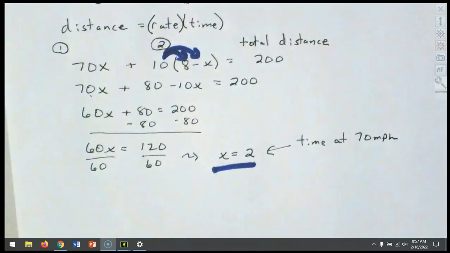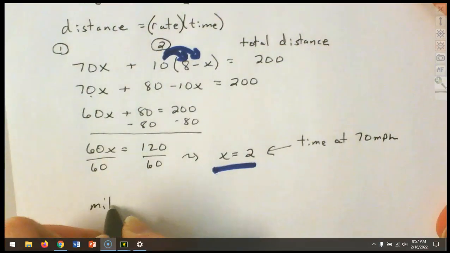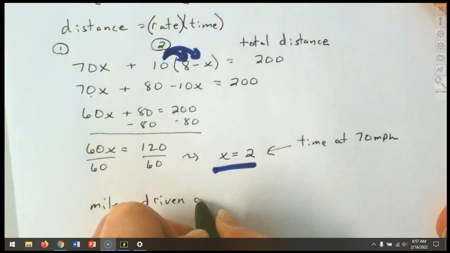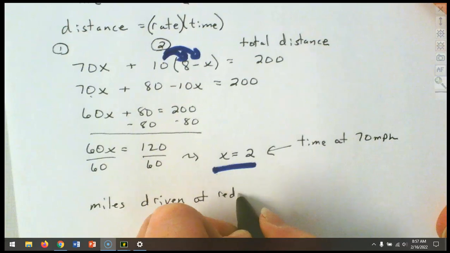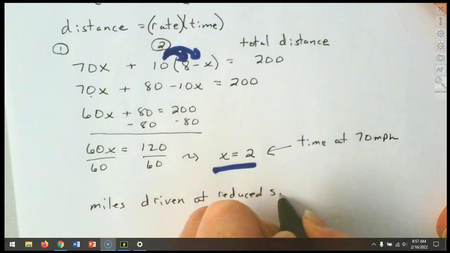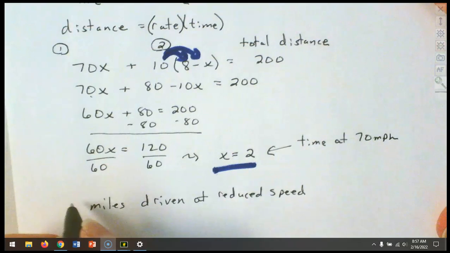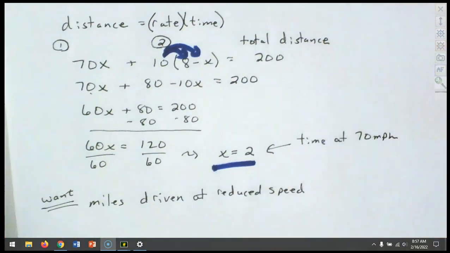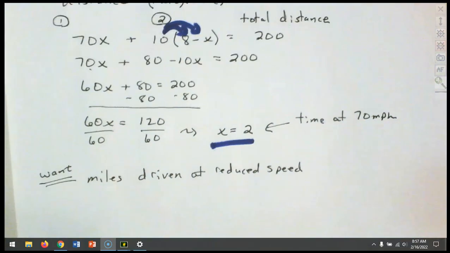What we want is we want to know how many miles he drove at the reduced rate of speed. Okay, this is what we want here. That's not what we're given yet. Okay, so we want the miles driven at the reduced rate of speed.